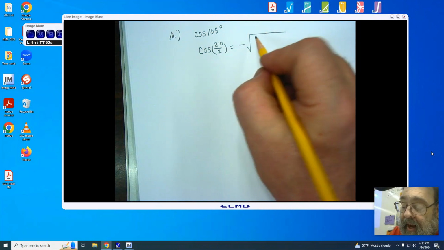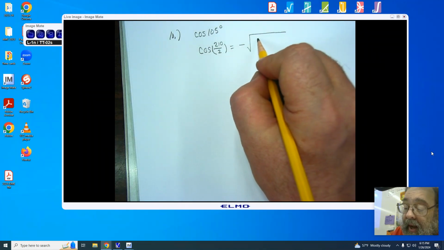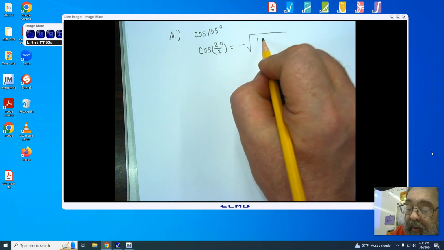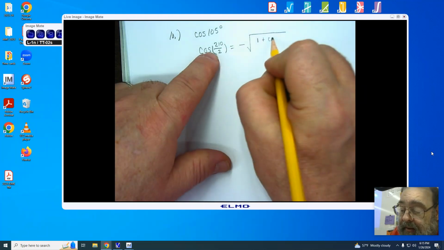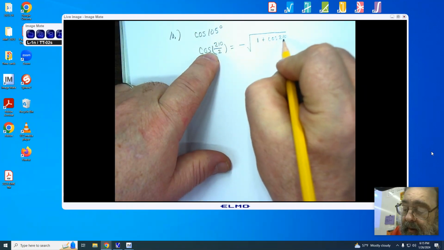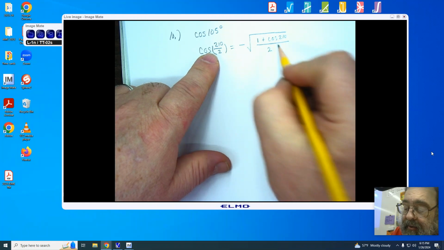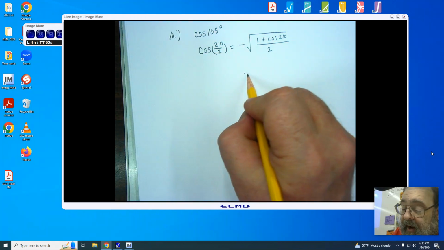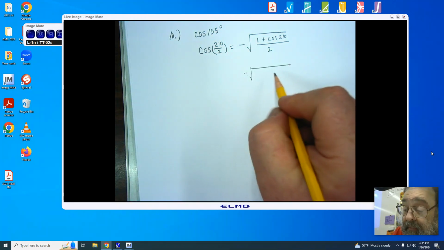I know that I have my 1 plus the cosine of 210, and this is divided by 2. So I'm going to simplify this and just keep going.